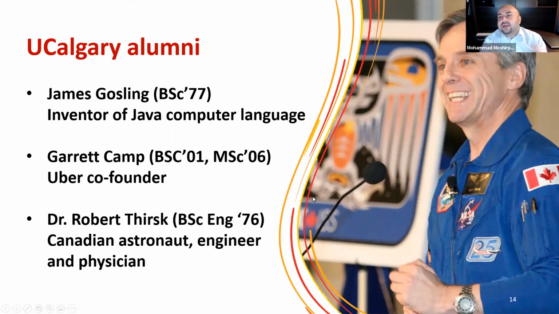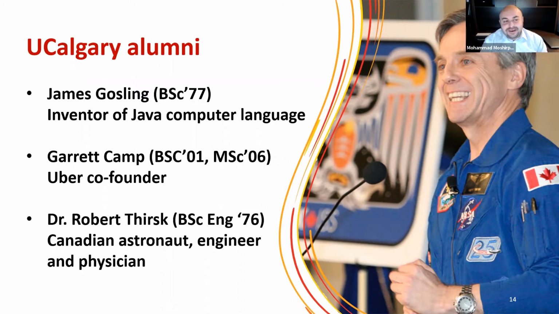We have some great, world famous alumni. There's James Gosling, who is the inventor of the Java programming language, which is the dominant programming language in the world. Garrett Camp, co-founder of Uber. Fun fact, Garrett Camp did his master's in 2016, and his co-supervisor was a professor here, Dr. Farr, who was my PhD supervisor.